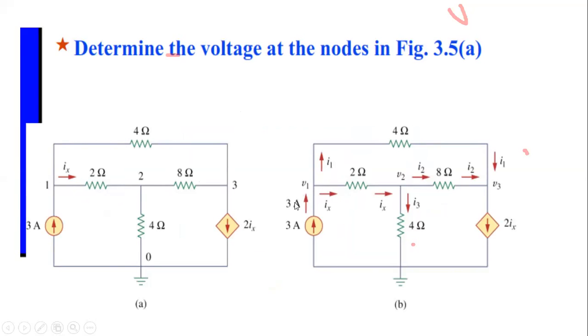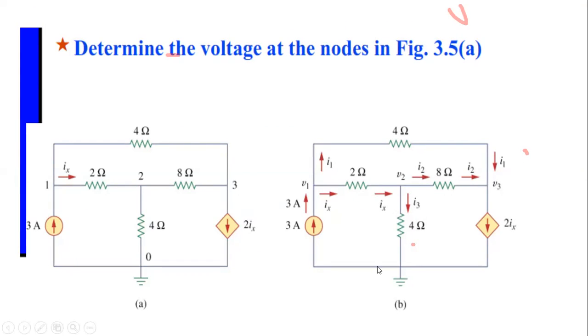We are writing equations for nodes. We have node 1, that is where V1 voltage is there, node 2 and node 3. So we have 3 nodes. We have to write the equations. First of all, we will write KCL. And they have already mentioned that Ix current is flowing in 2 ohm. So here, because one dependent source is there, it is a current dependent current source.